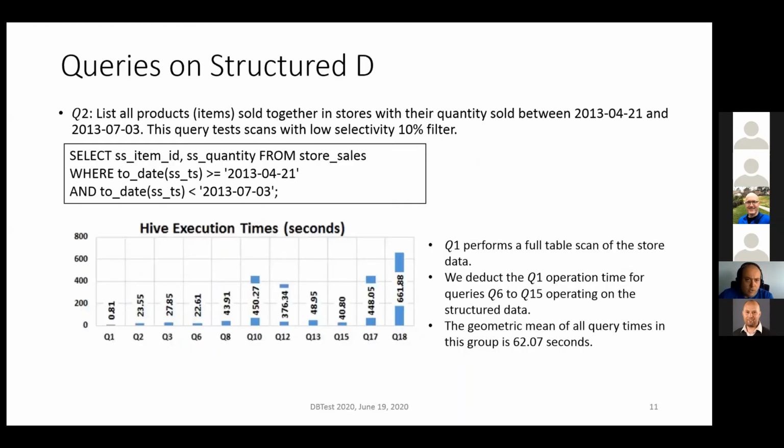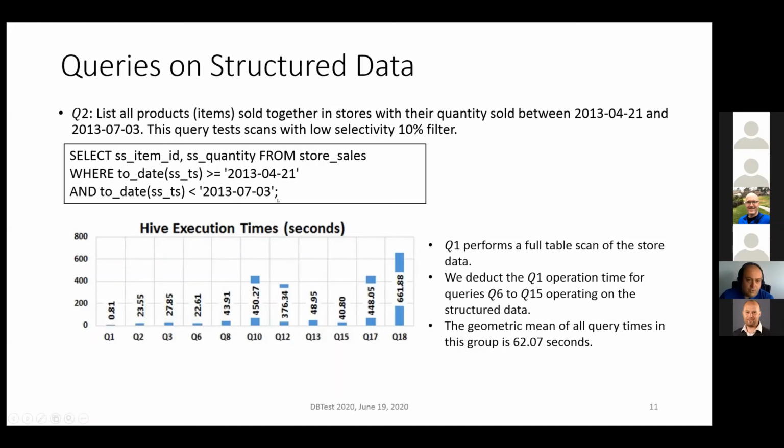Now I'll look at some of the queries just to give you an idea of how they look. We structured them in 3 ways. Here, these are queries that are operating on the structured data. Query 2 is just a simple scan operation with low selectivity, 10%.